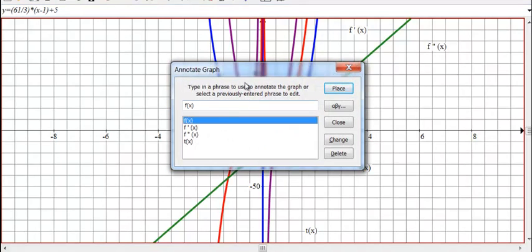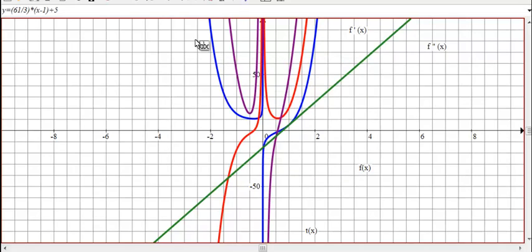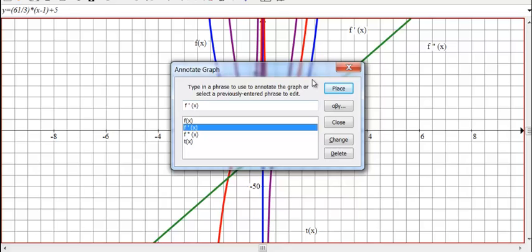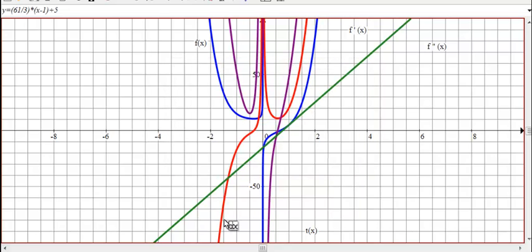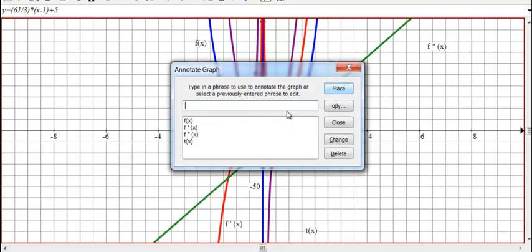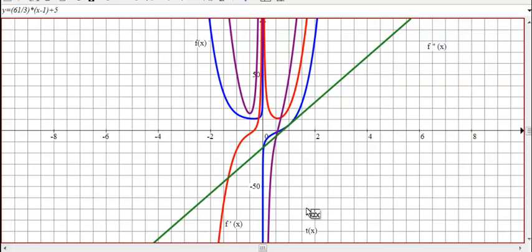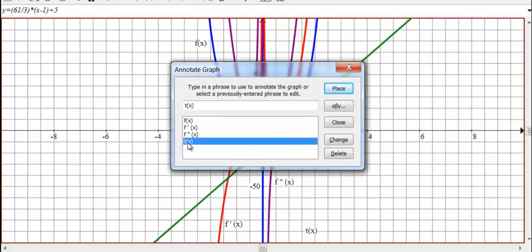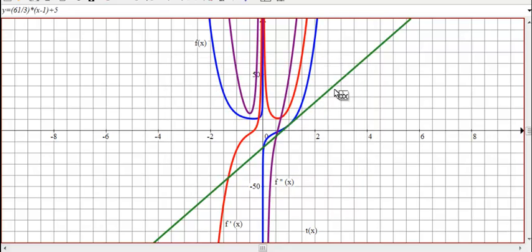So f of x we're going to place on the blue one here. The f prime of x, let's place that label right here by the red one. And let's place the f double prime label, it's on the purple one, where's that going to be? Maybe right here. And then we'll place this somewhere on the tangent line, maybe right there.